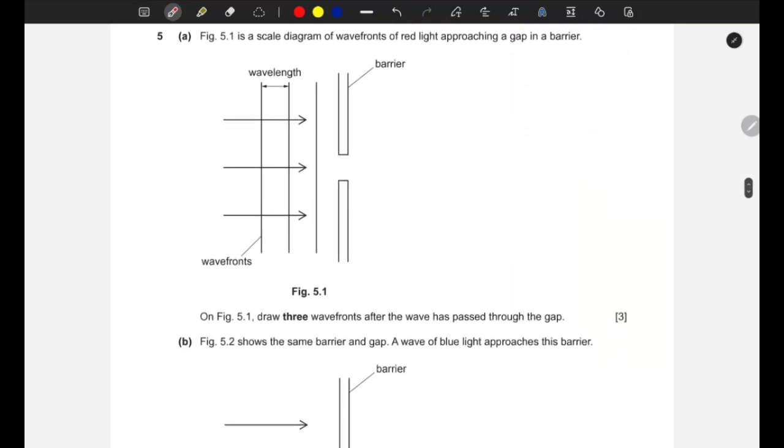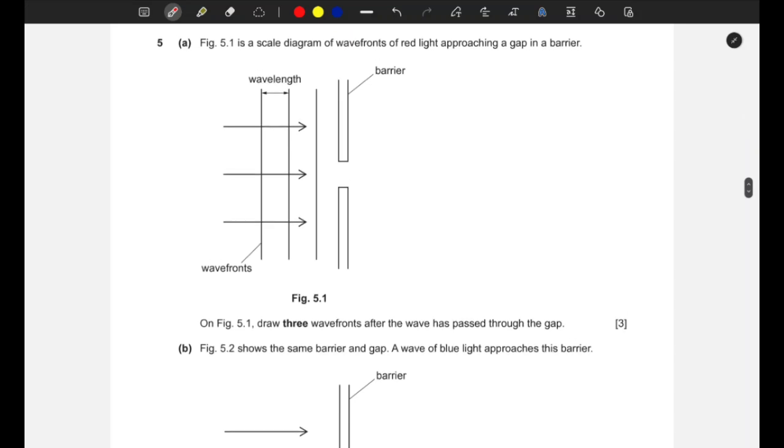Number 5. Figure 5.1 is a scale diagram of wavefronts of red light approaching a gap in a barrier. On figure 5.1, draw 3 wavefronts after the wave has passed through the gap. So now we have to demonstrate the diffraction of a wave. So this distance is the wavelength.